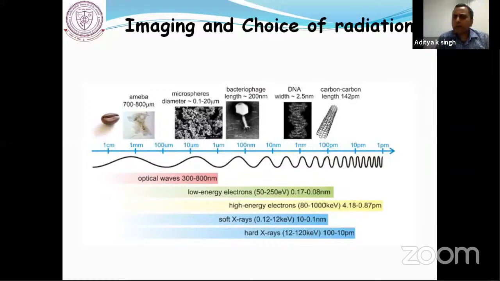Choice of radiation plays a very important role. But I would like to emphasize here that though we are concentrating on ghost imaging in the visible domain, for the students, if you see the literature, this kind of idea is extended to different ranges of radiation. So it's not only in the visible domain. This kind of idea is very commonly used in other ranges of wavelength.